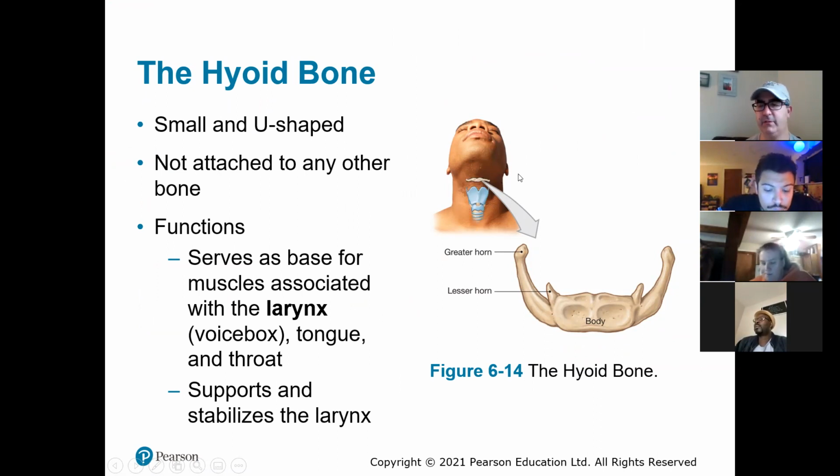It's only attached to soft tissue, like muscles and tendons. It's the base for muscles associated with the larynx, the tongue, and the throat. So a lot of the muscles that go to your voice box are attached here. Also, your tongue is attached here. Your tongue, which is way up here, is attached way down there above your voice box. And it supports and stabilizes the larynx, right? It just makes it more stable, gives it support.